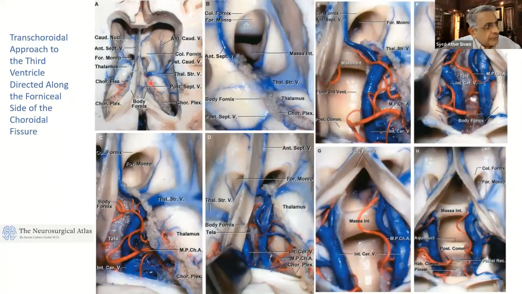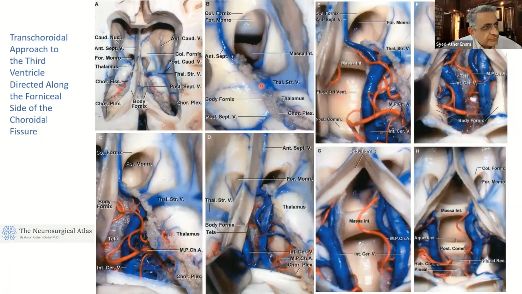And if you're approaching from the right side, you will see the septal vein on the left, and if you're approaching from the left side, you will see the septal veins on the right side, and that will orient you basically to which side you are on. Over here, if you look closely, you can see the choroid plexus, which is different.